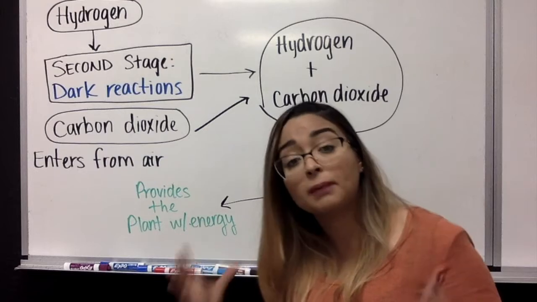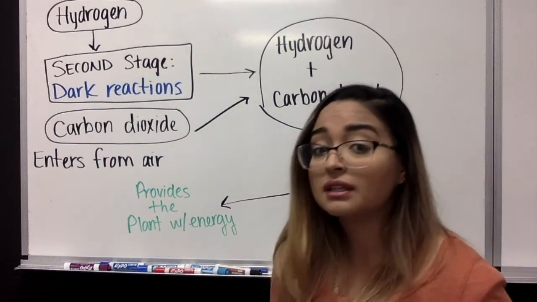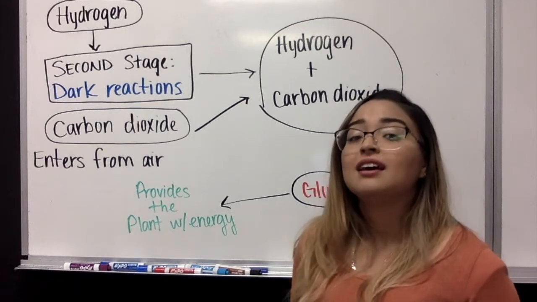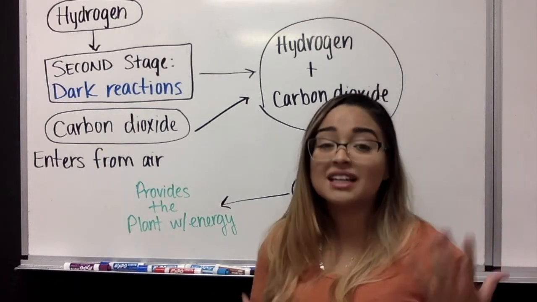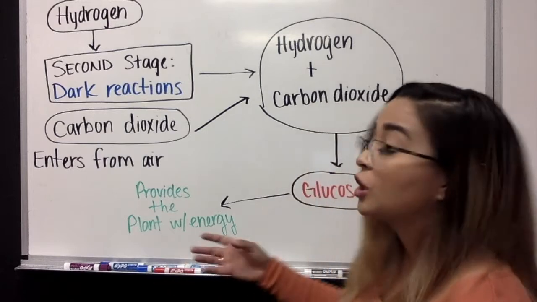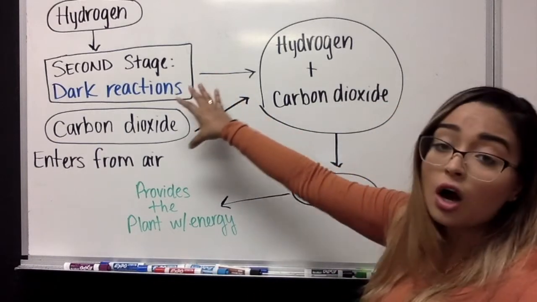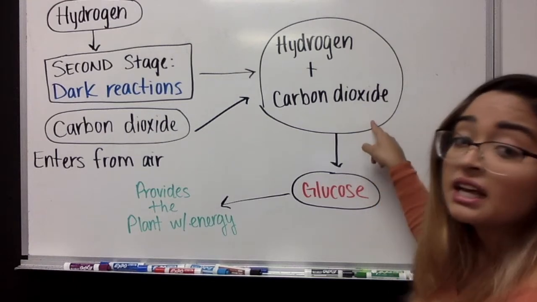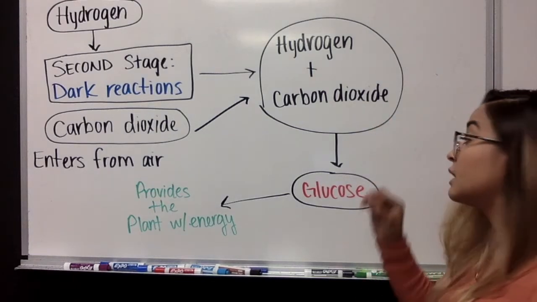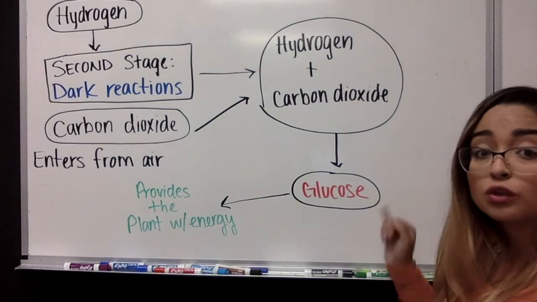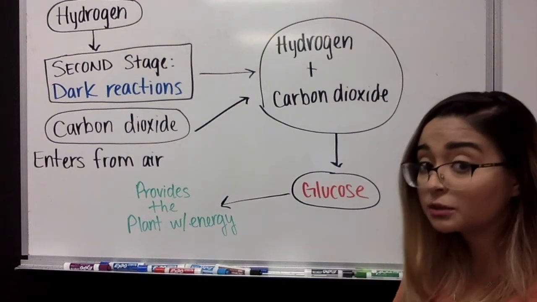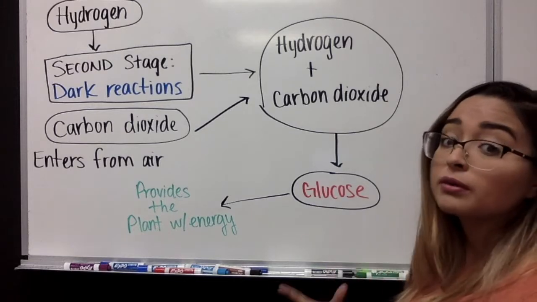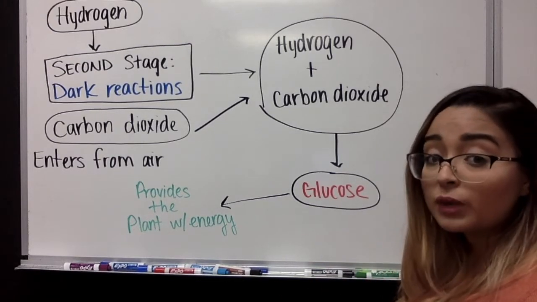So the plant breathes out the oxygen and inhales or takes in the carbon dioxide that is in the air. So when these two are now combined, hydrogen and carbon dioxide, together they make glucose. If you do remember glucose from fermentation and cell respiration, it's something that's needed to be able to provide the plant with energy.